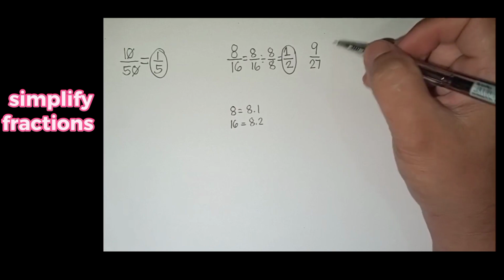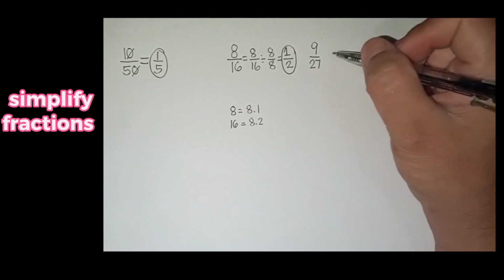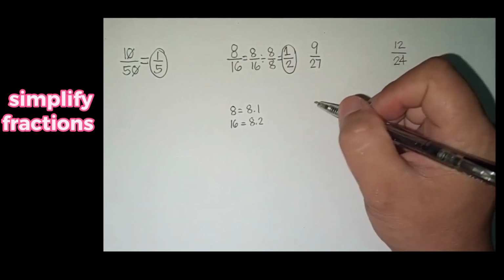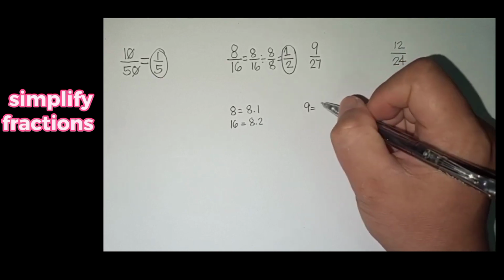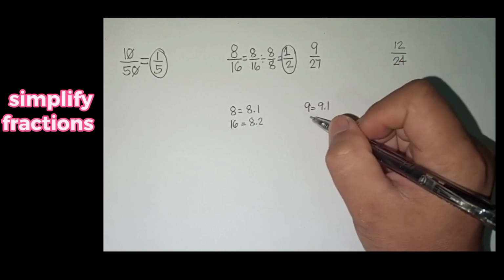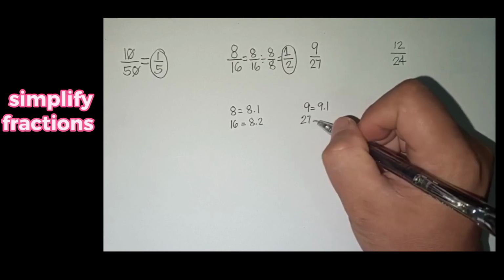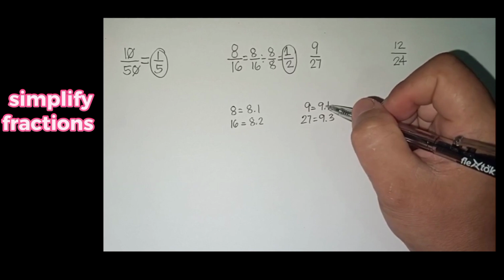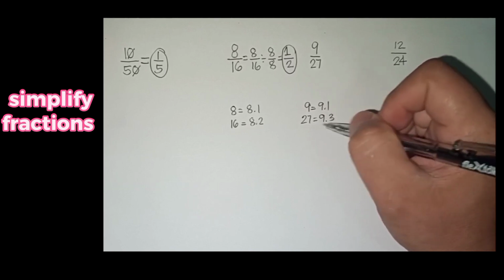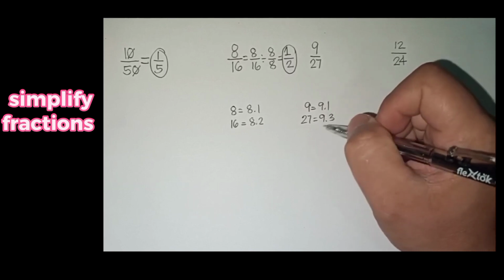Now for number 3, 9 over 27. Again, we have to factor out 9. So that is 9 times 1. And 27, that is 9 times 3. So the GCF here is 9, or the greatest common factor is 9.